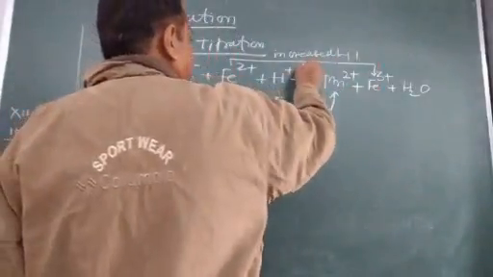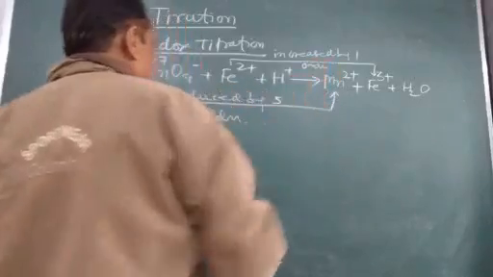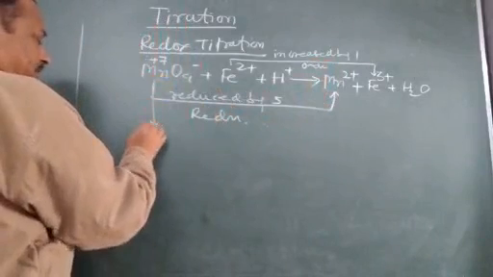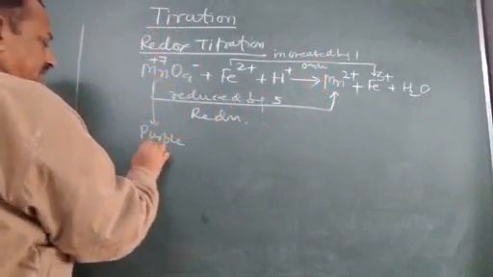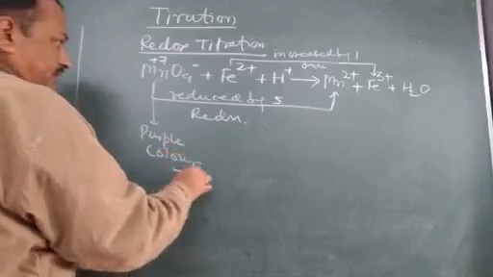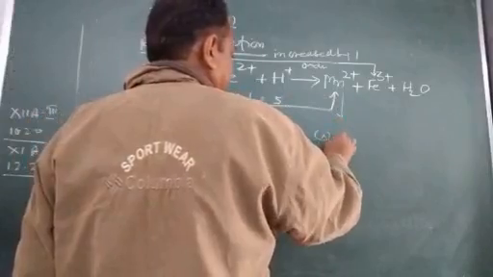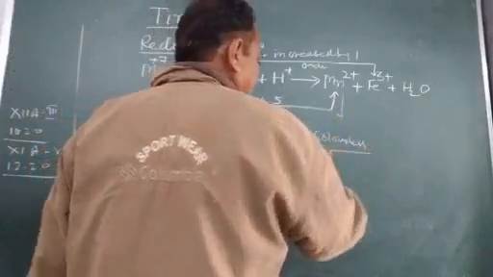It is oxidation. Now children, this MnO4 minus has a purple color. This Mn2+ is colorless.